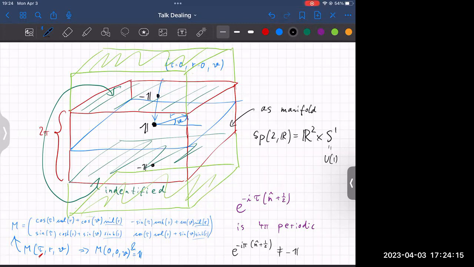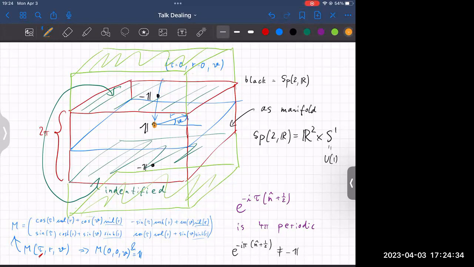So let's draw in black. In black is essentially the symplectic group, SP2R. And then let's draw in orange.